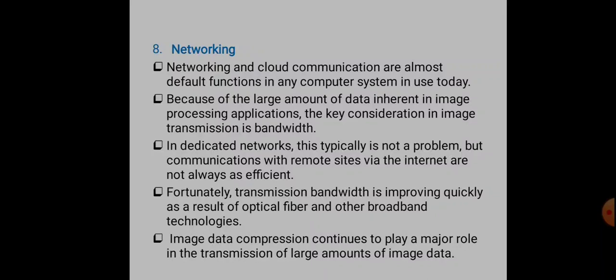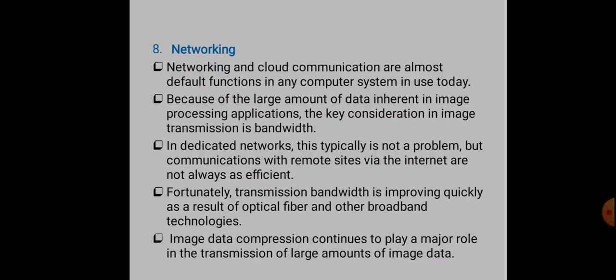In dedicated networks this is typically not a problem, but communication with remote sites via the internet is not always as efficient. Remote sites means rural areas or villages. If you have a proper internet connection, you can transmit the images at the highest speed. In a remote site that is not always possible, because sometimes the internet is not active.